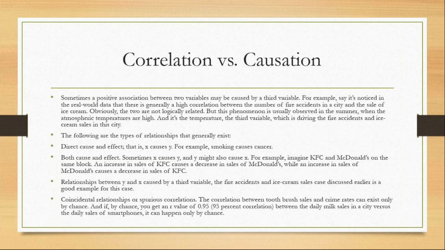But it is seen that when KFC's sales are high, McDonald's goes down, because when customers start going to one restaurant, they don't go to the other. So the sales of the other automatically go down. Similarly, if McDonald's sales go high, KFC is expected to have a decrease in sales. So both have a correlation, a good correlation.